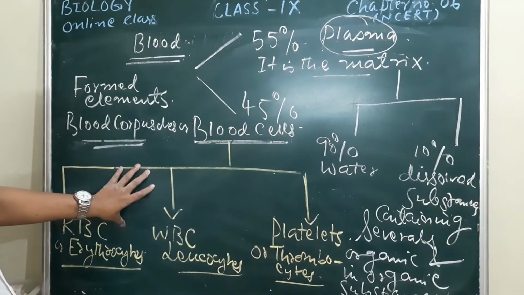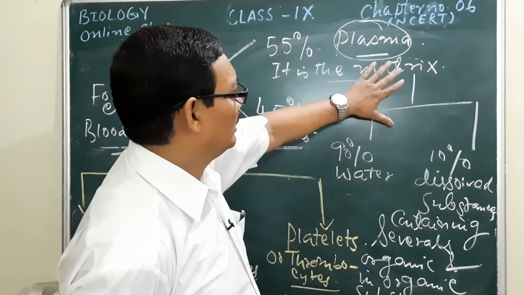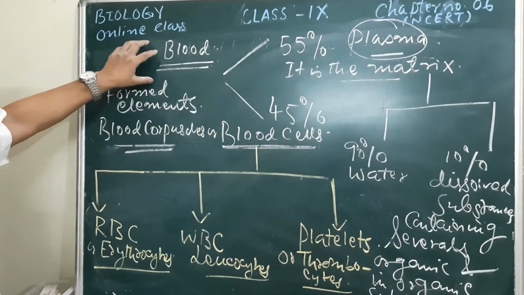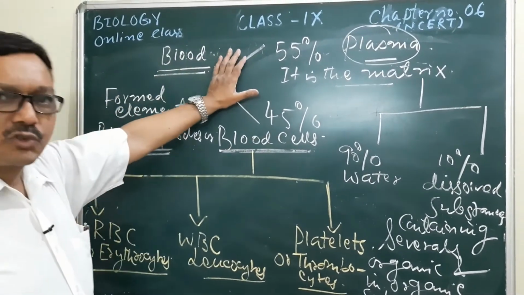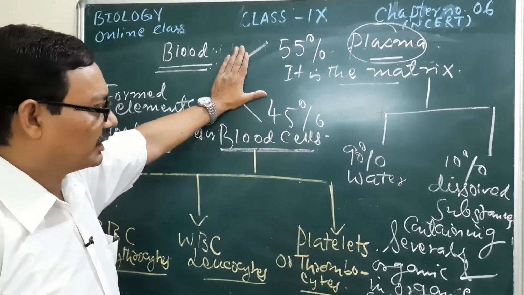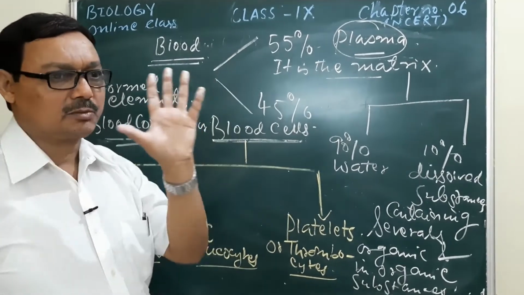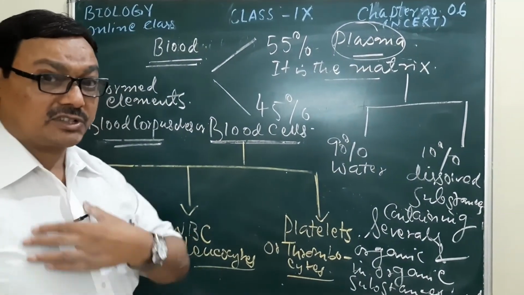Now the plasma is also helpful in the transportation process. Actually these two tissues, which are the fluid connective tissues, are related with the transportation process in animals. What is the transportation process?